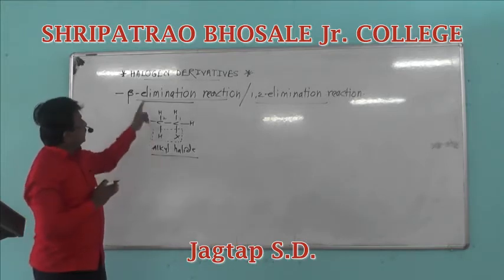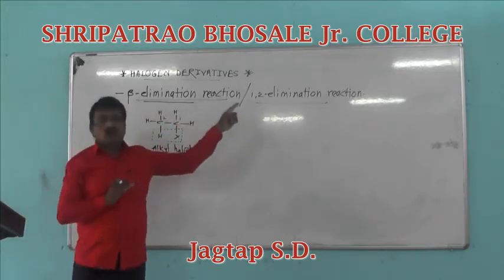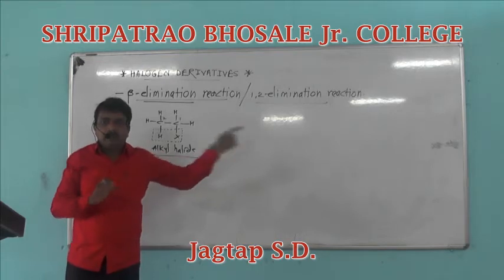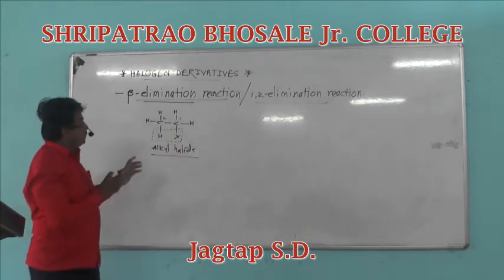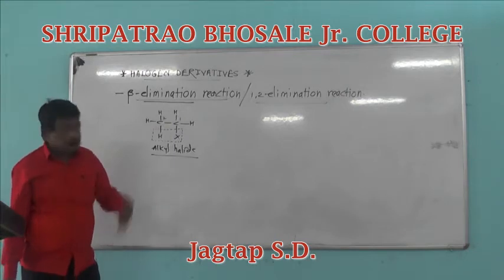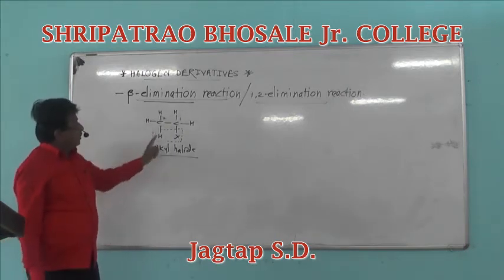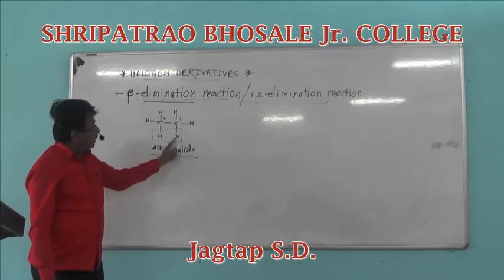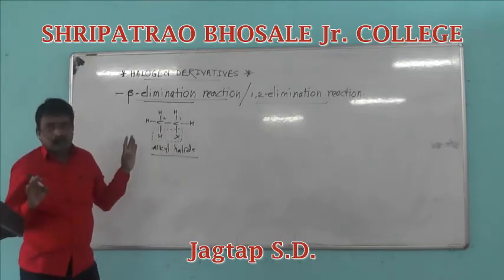Therefore, this reaction is known as beta elimination reaction or 1,2 elimination reaction. In short, an alkyl halide undergoes beta elimination reaction, in which the removal of hydrogen halide takes place from adjacent carbon.